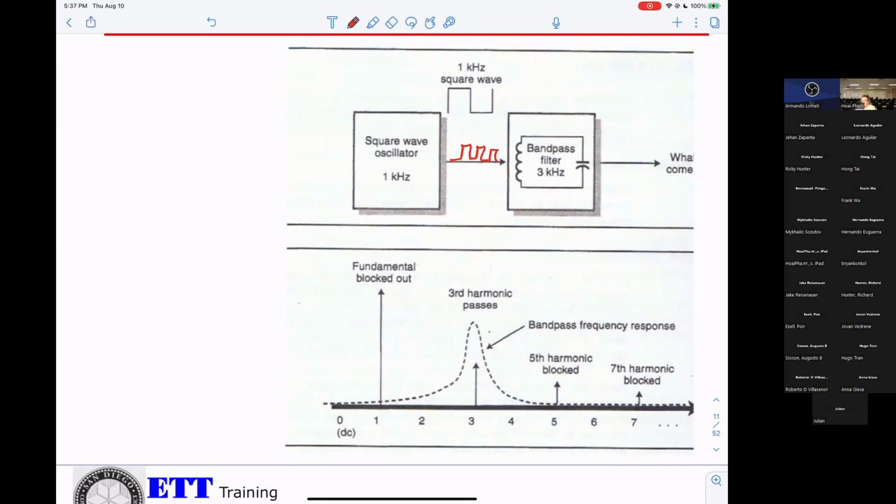That means any frequency inside, they can go. Otherwise, they will block it. This is the fundamental blocked out. So only the signal between the lower cutoff and higher cutoff is allowed to pass. Any signal out of that range will be blocked. That's what you can see in the spectrum analyzer.